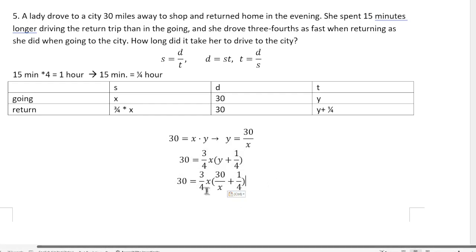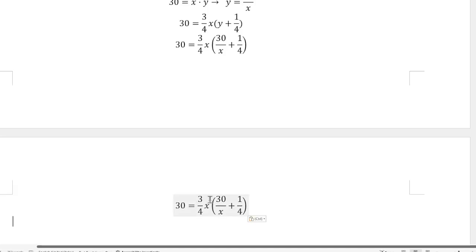And then, well, you can multiply this to each one of them. So let's do that. So 3/4 of x is multiplied to this item and also this item. What do I get if I do that?